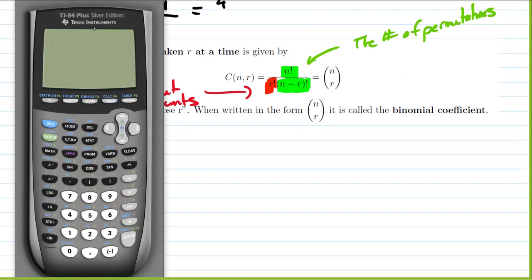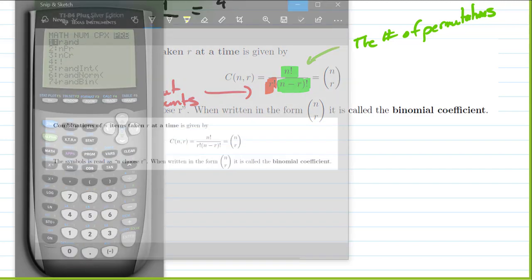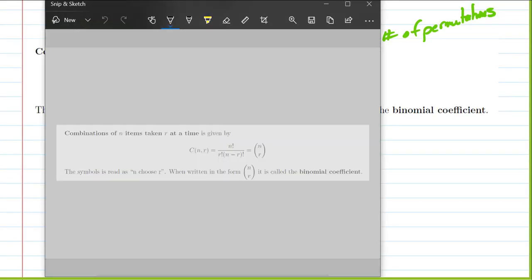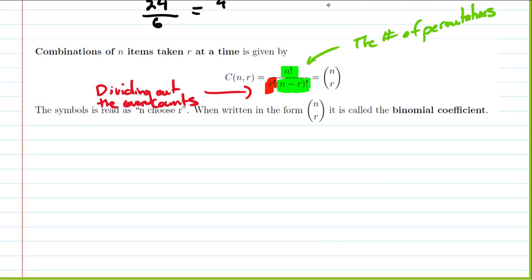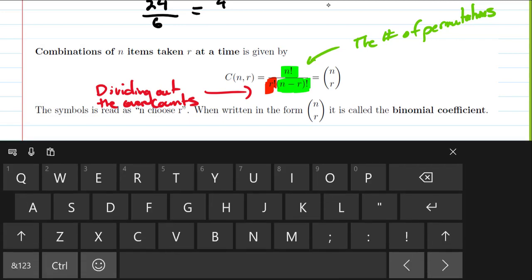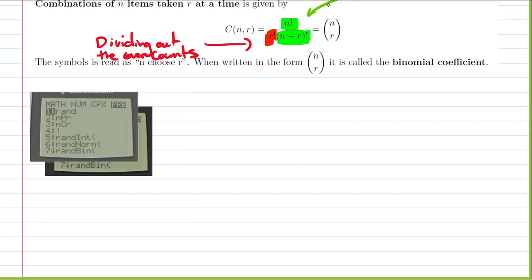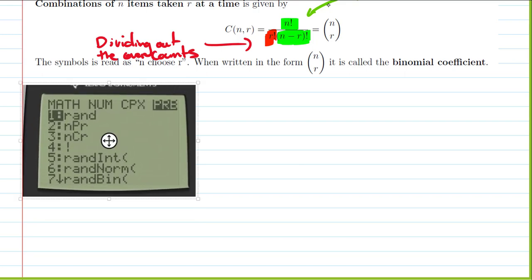So this symbol is also in our calculator using the C. So if we go over to our probability menu in our calculator, we'll have that this is our combinations.